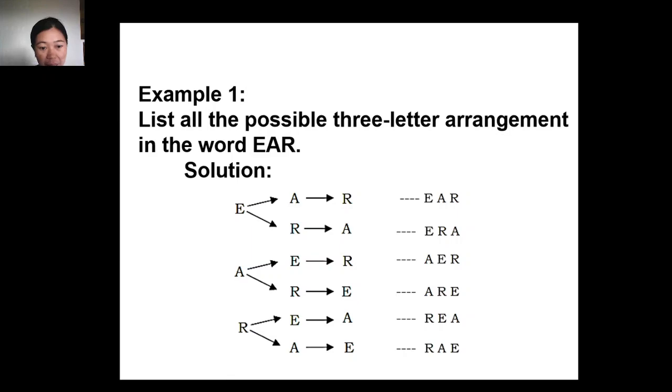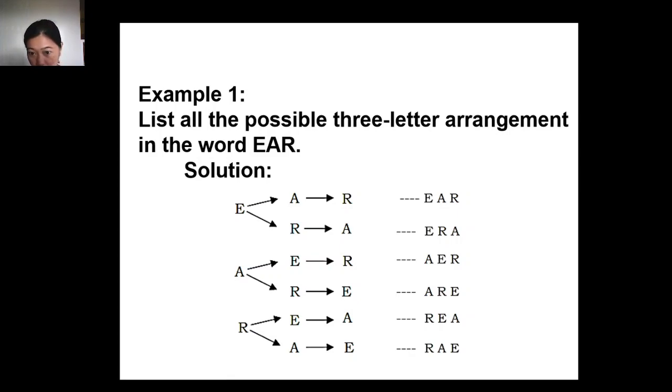Then if the first letter is R, then E is the second letter, A is the third letter, the word is Rea. Then if the first letter is R, the second letter is A, and the third letter is E, we have the word Rae or R-A-E.